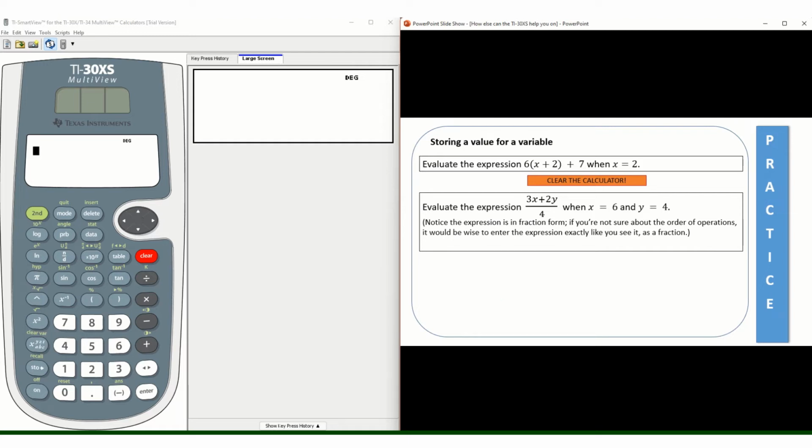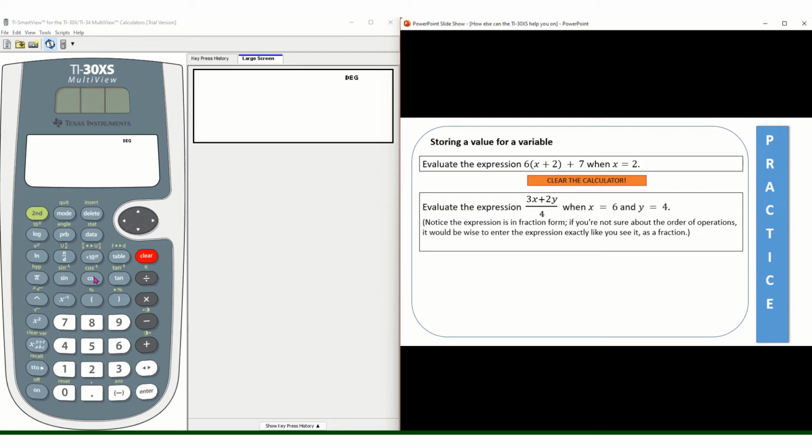Evaluate the expression 3x plus 2y divided by 4 when x equals 6 and y equals 4. Notice the expression is in fraction form. If you're not sure about the order of operations, it would be wise to enter the expression exactly like you see it, as a fraction.